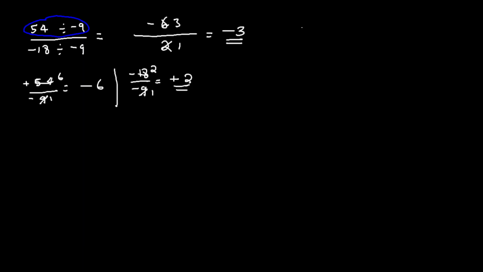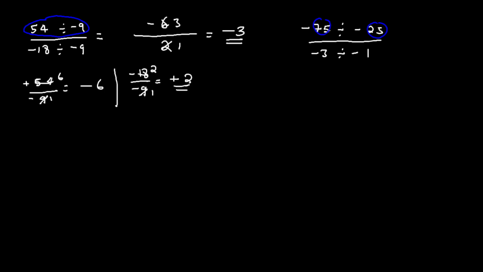Now try solving this one. Pause the video and try it by yourself. Negative 75 divided by negative 25 over negative 3 divided by 1. So these two numbers here, 75 and 25, before dividing, we can go ahead and reduce them by 5.